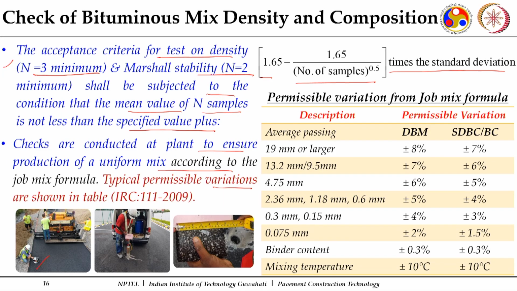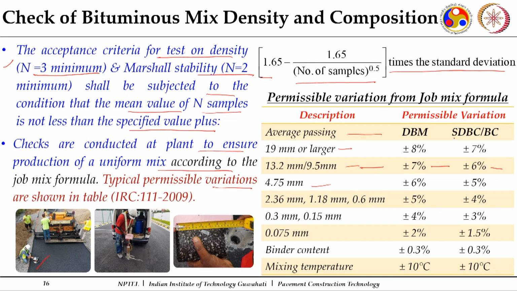You can see this is one which has been taken for dense graded mixes from IRC 111, which says that if a mix is to be used as a DBM and if the mix is having particles of 19 mm or larger, 13.2 or 9.5 mm, 4.75 mm, whatever percentages we have arrived at during the job mix formula, the variation should not be more than this particular one.